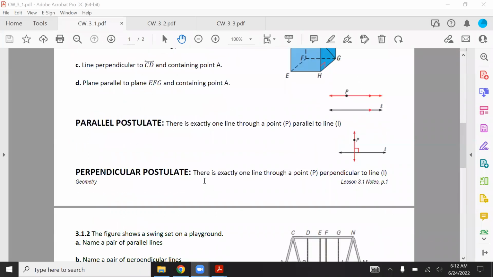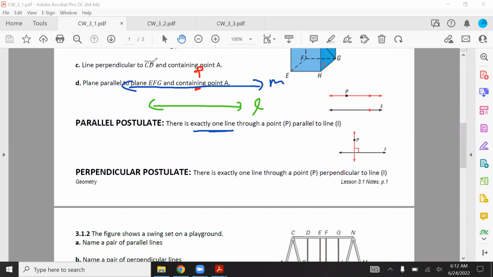Parallel postulate: there's exactly one line through point P parallel to line L. Yeah, so if you have a random line, like this right here, I'll call this line L. And if you have a random point, call it P. There's only one way I could draw a line through P that would be parallel to L. And say I call this line M. There's no other way.